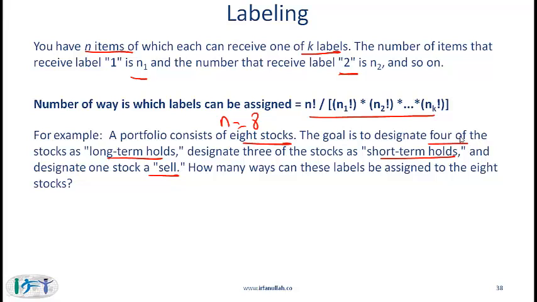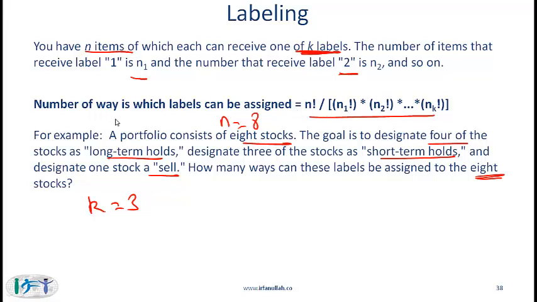Now notice each of these is a label. So long-term holds is a label, short-term holds is a label, sell is a label. So k is equal to 3 because k is the number of labels. The question is, in how many ways can these labels be assigned to the 8 stocks? And that is where this formula comes in.